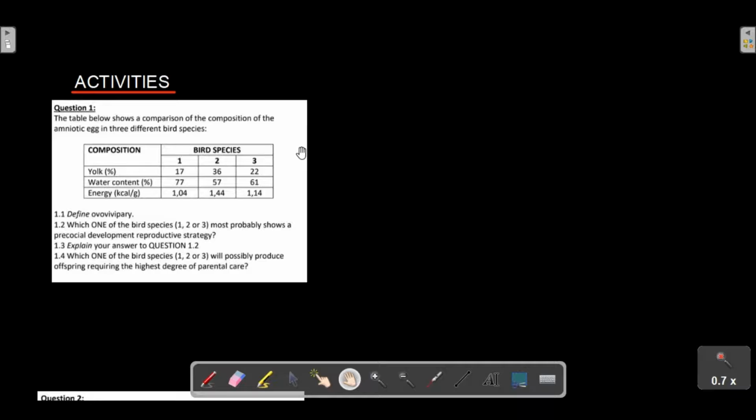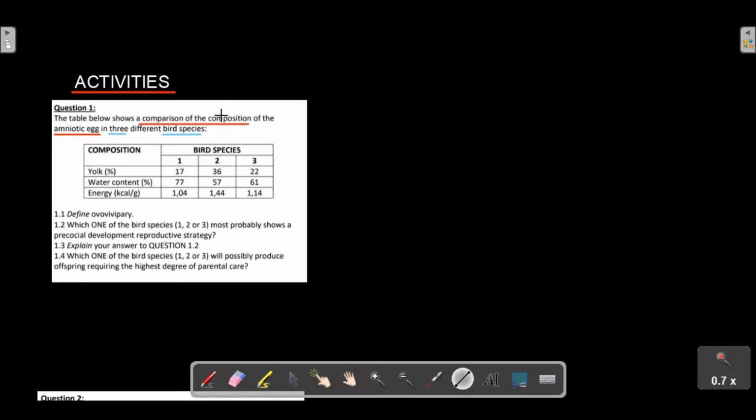In question 1, we are provided with a table, and it says the table below shows a comparison of the composition of the amniotic egg in 3 different bird species.